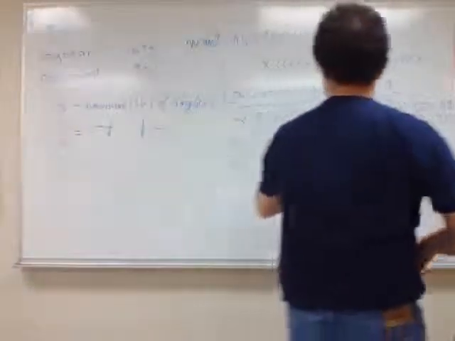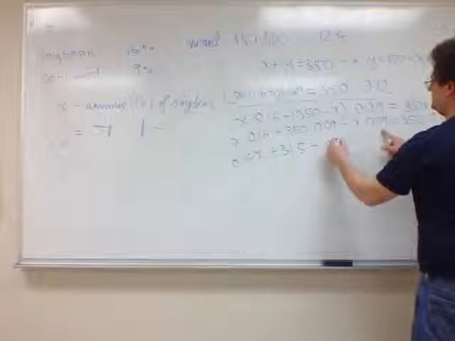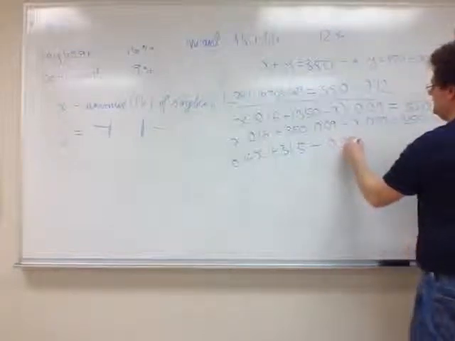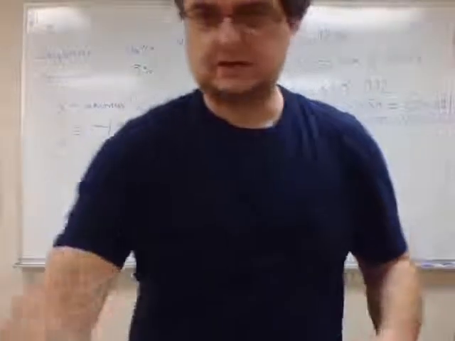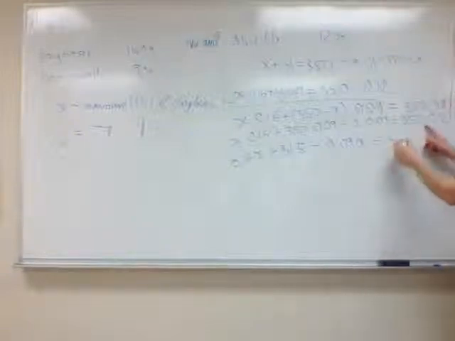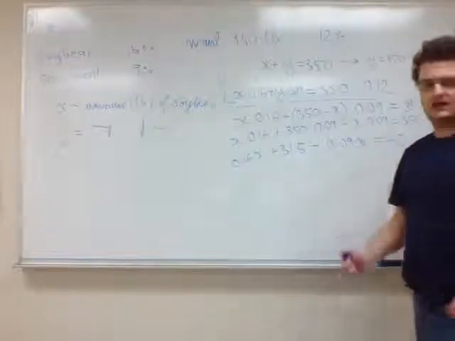So 350 times 0.09 is 31.5, minus 0.09x is equal to, and this thing is 42. This product is 42. Now I leave x's on the left and move the rest onto the right.